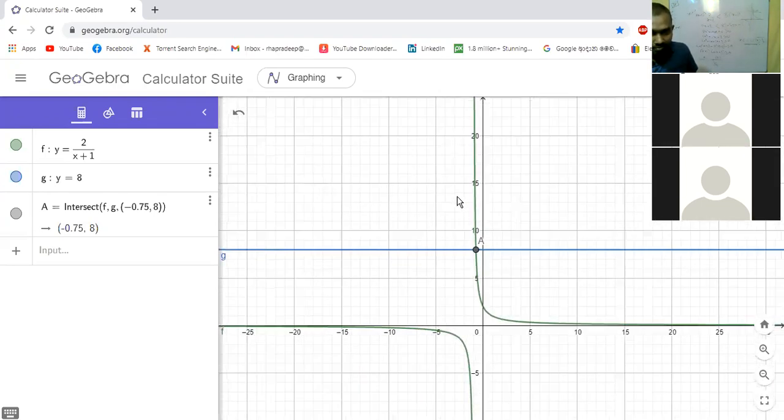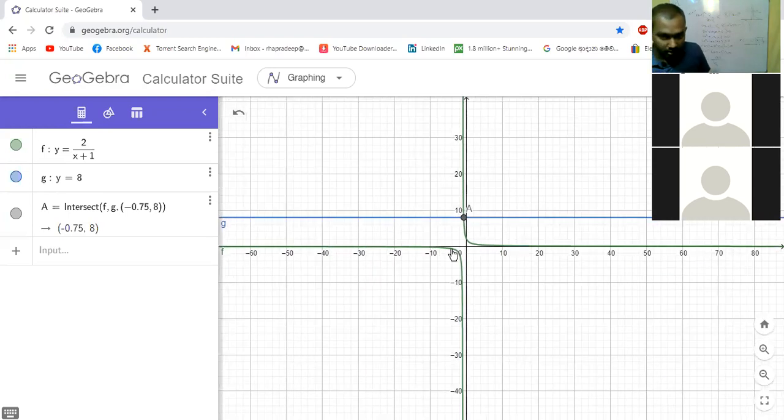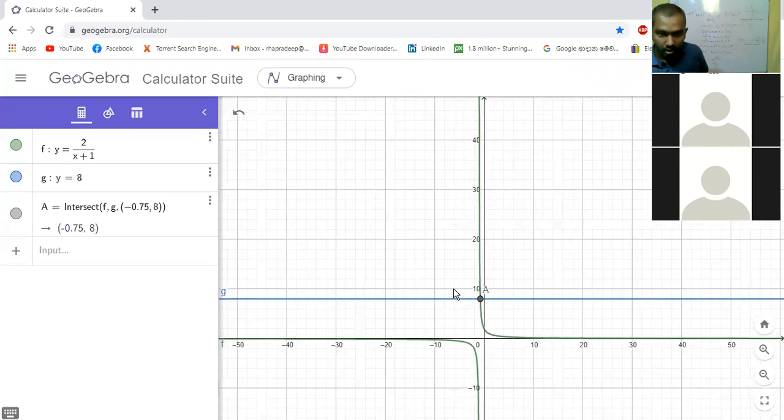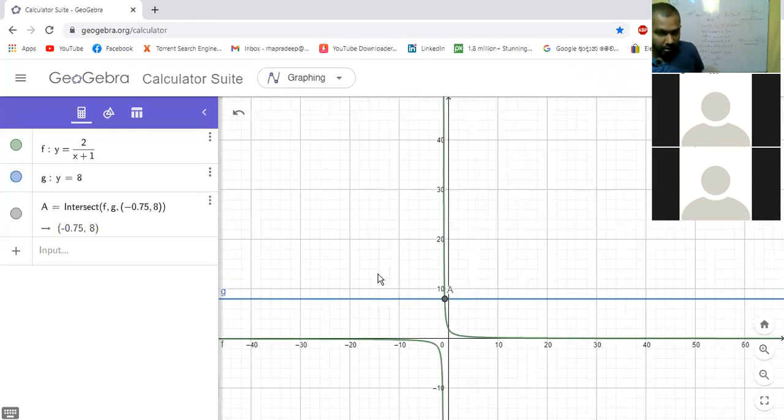See, if I make this line, I'm not sure whether it is clear to you, but look at these numbers. From which region? -3.4 to 1, only in this region. This curve is in the upside.